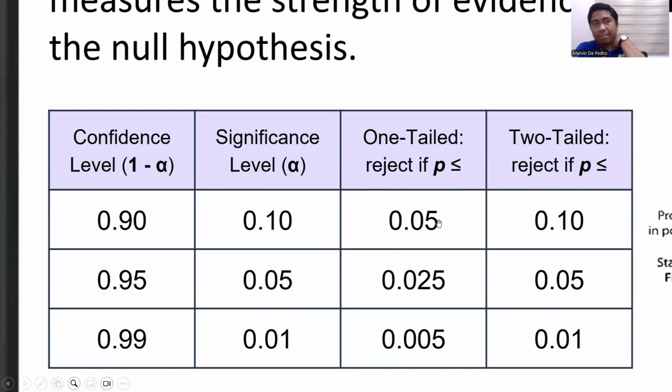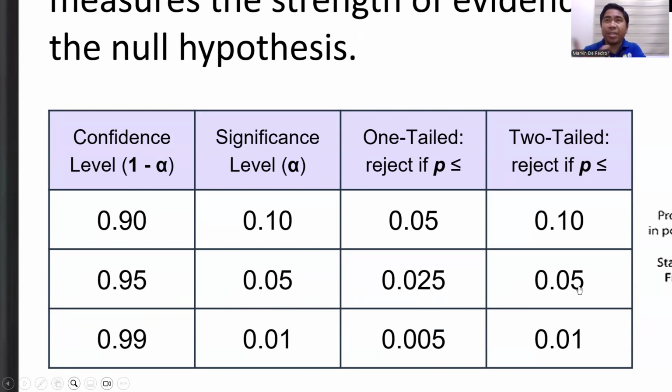But in most professional research, the one that is usually used is the 95% confidence level. That would mean we are using 0.05 as the alpha or significance level. Normally, between the one-tailed and two-tailed test, the more common is the two-tailed.